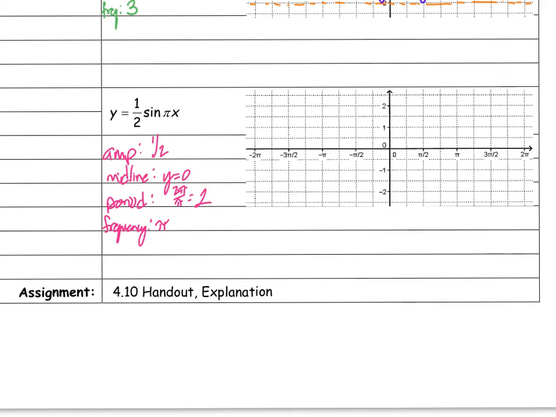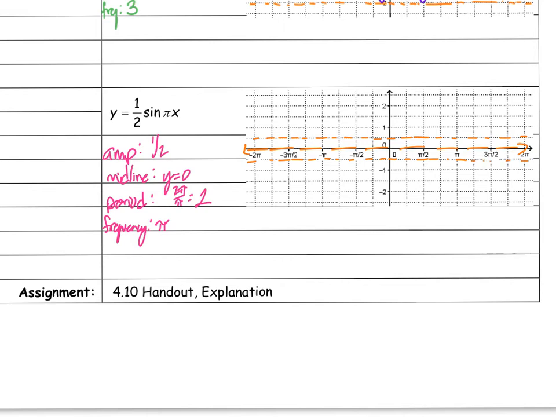Okay, so let's put in my information. So I know my midline is at 0. And then I have my height is 1/2. And I have 1/2 up and 1/2 down.